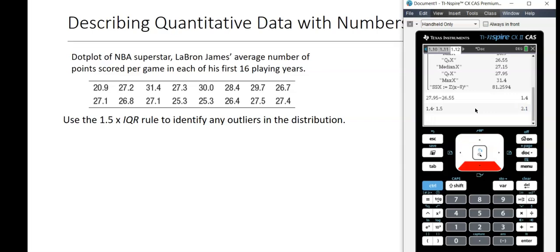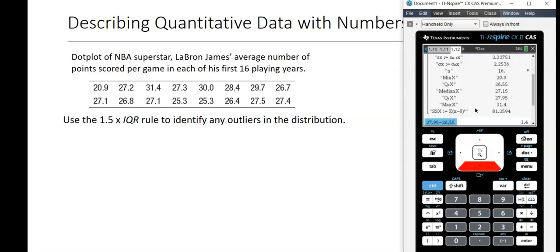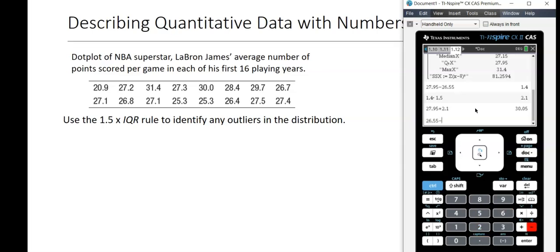So I'm going to start with Q3, which is 27.95, plus the 2.1. That's my upper fence. My lower fence is Q1, which is 26.55, minus that amount. That's my lower fence.